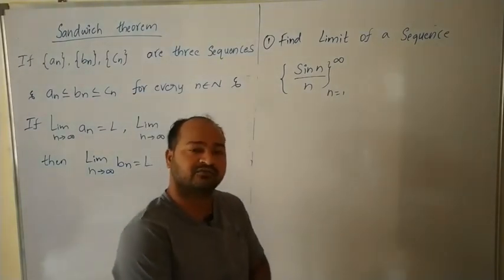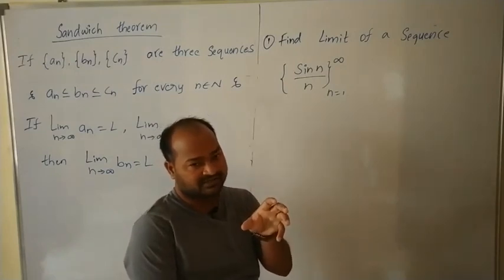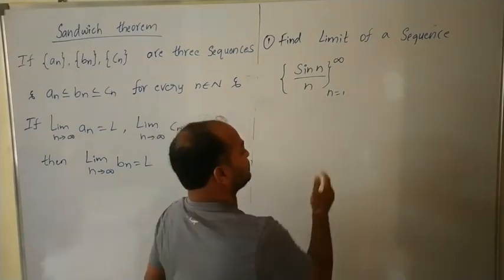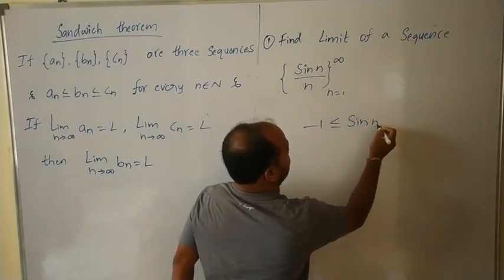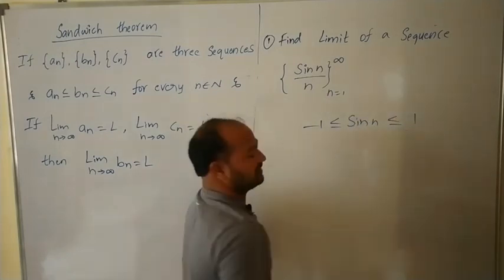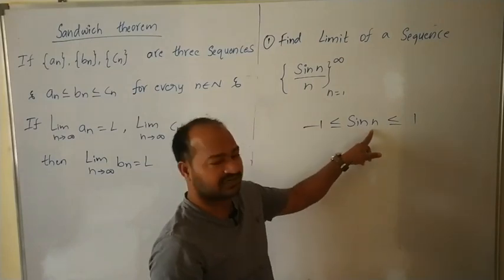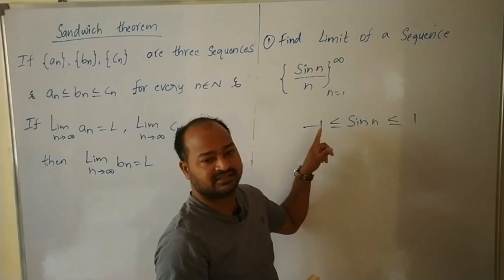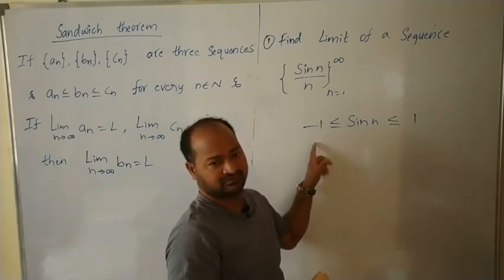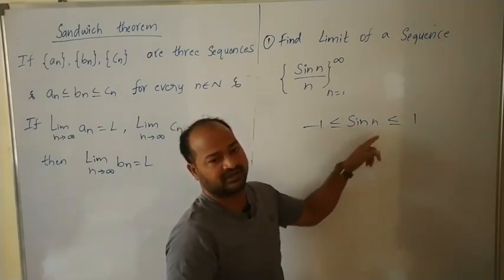Already we know that sine function lies between -1 and 1, that is -1 less than or equal to sin n less than or equal to 1, because the range of sine function lies between -1 and 1. Okay, clear.